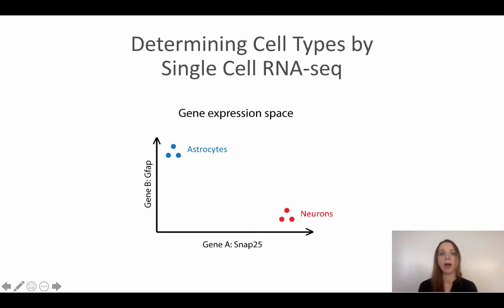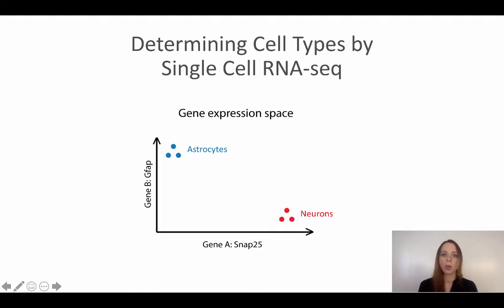Let me now define what cell types are. Cell types are cohorts of cells that are similar in terms of functionality and gene expression profile. To give you an intuition how we define cell types based on their gene expression, let me bring you a simple example.